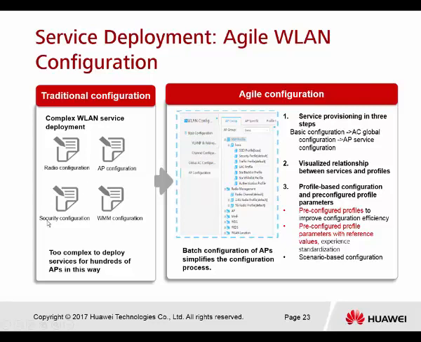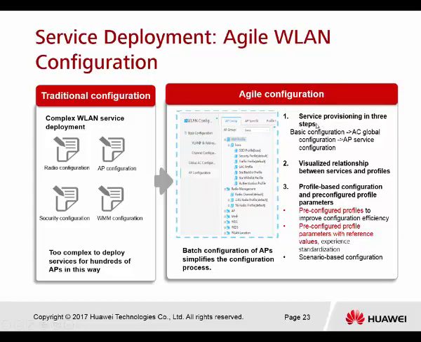Radio, AP, security, WMM: all those you have to configure the parameters and settings. You need to know how to do the binding. Now with the agile configuration inside the eSight.